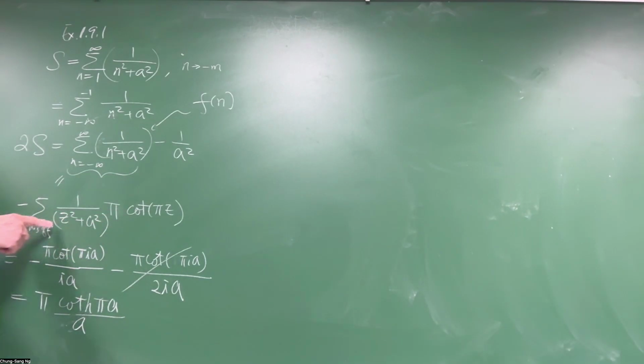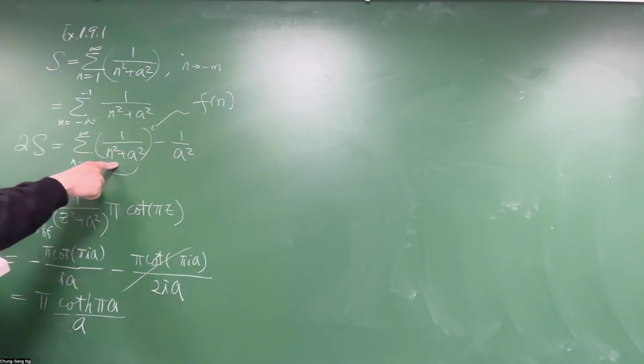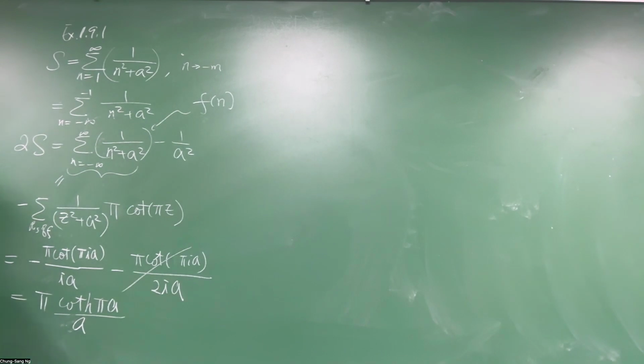This is evaluating the residue at the poles of F, using all the residues within the big circle. That's how we derived this formula.